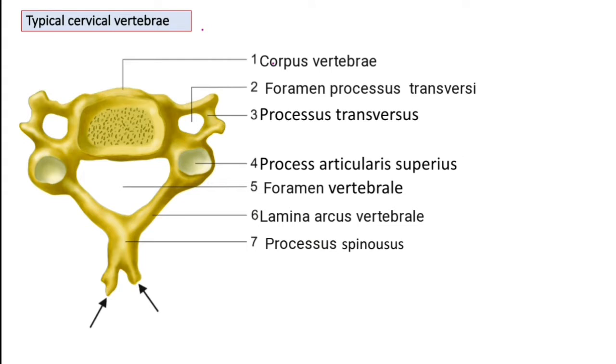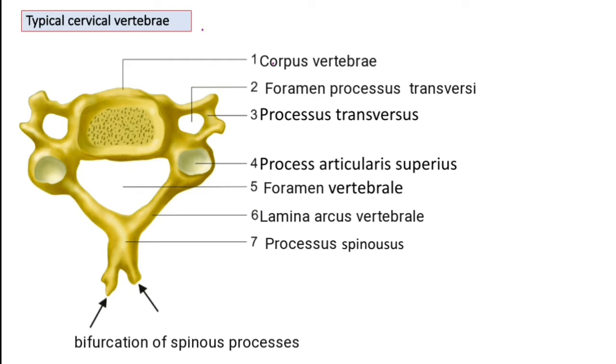And then on the back there is the spinous process, and in cervical vertebrae there is a bifurcation. There are two, except C6 and C7. So that's the typical cervical vertebra.